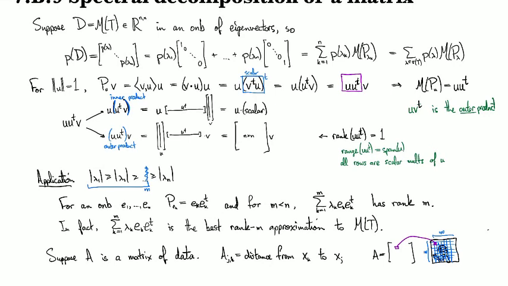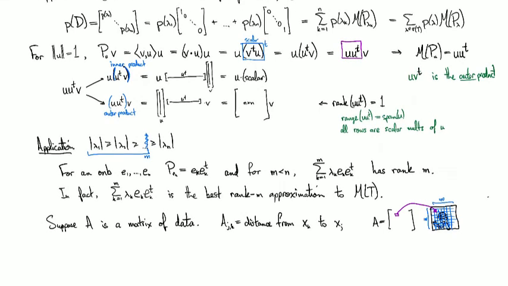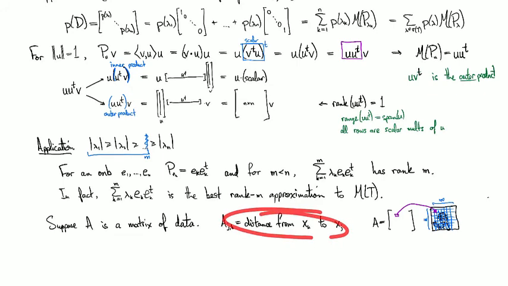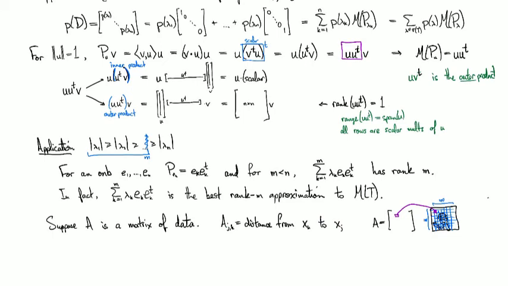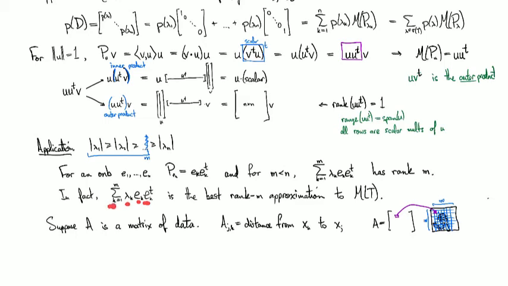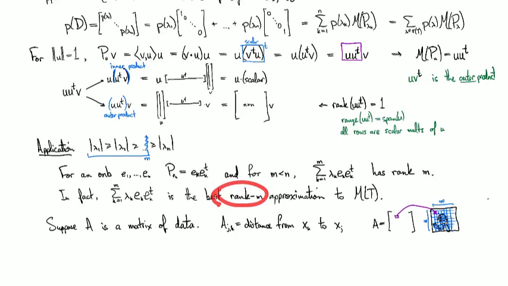Then if you want the best rank K approximation to either this matrix or this matrix, you do this eigen decomposition, and you look at ek times ek transpose multiplied by the corresponding eigenvalue, and you sum those up, but you only take the first few. If you only take the first m, then you get the best rank m approximation to whatever that is.